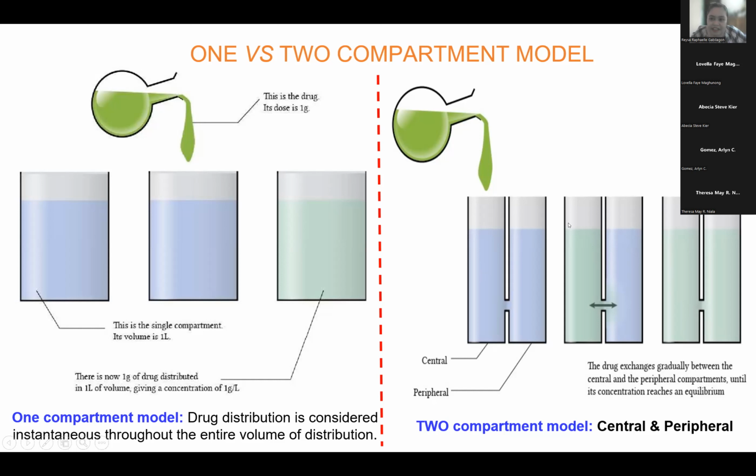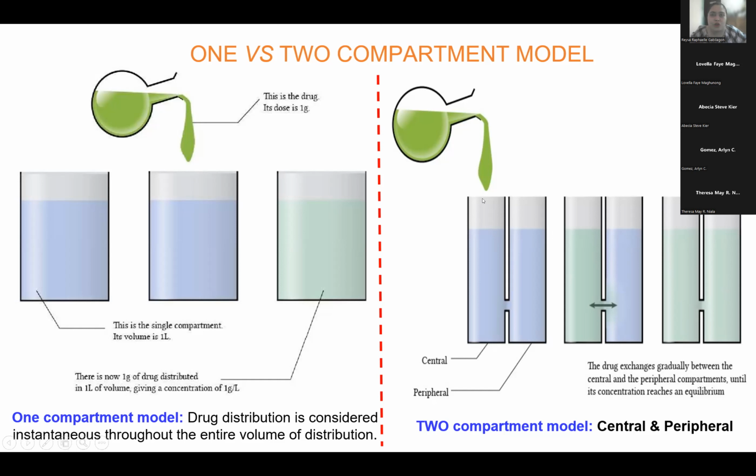After that, there will be exchanges of drug between the peripheral and the central compartment until there is an equilibrium, meaning both compartments will have a homogeneous amount of the drug.